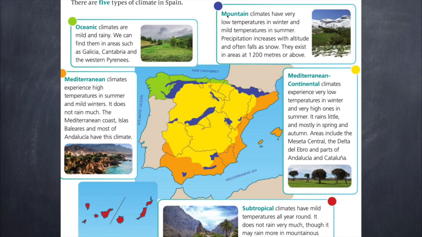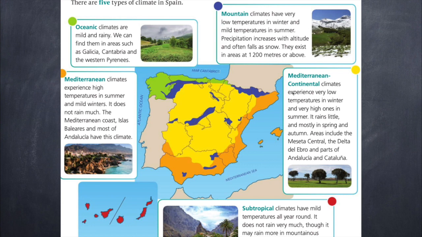Then we have mountain climates that have very low temperatures in winter and mild temperatures in summer. Precipitation increases with altitude, and usually it falls in the form of snow. We can find this climate in mountain areas at 1,200 meters or above.